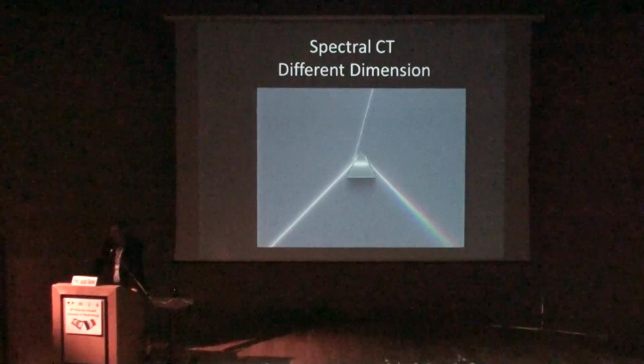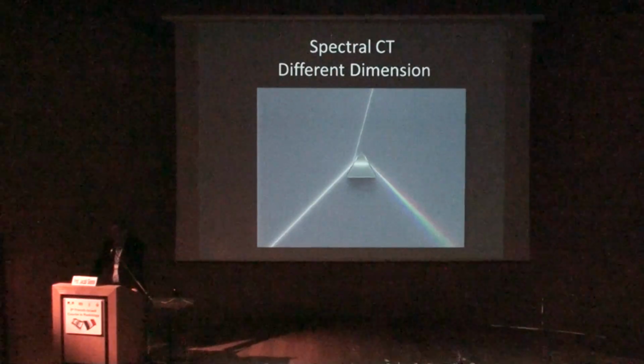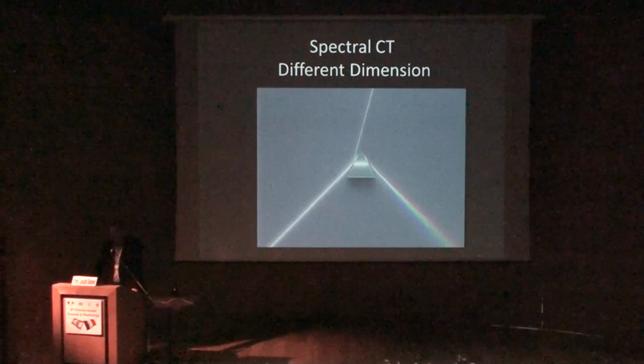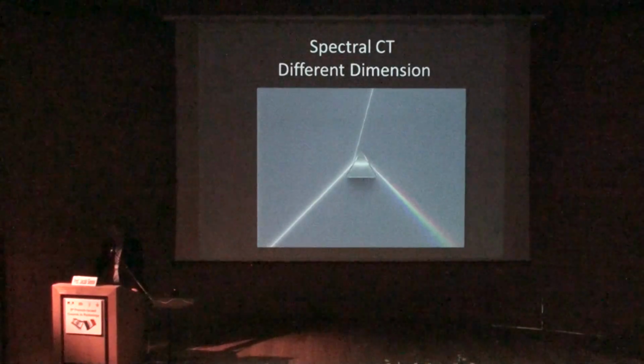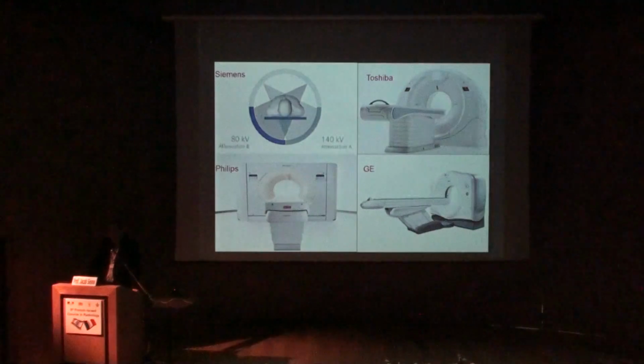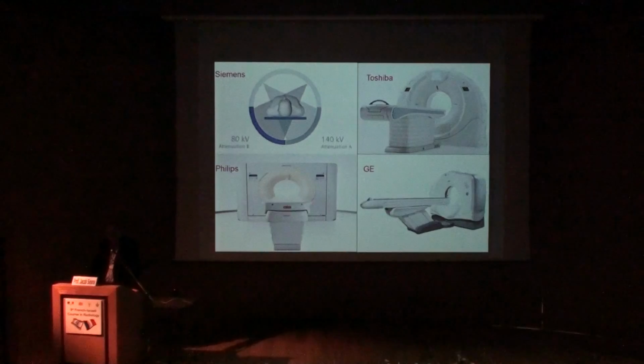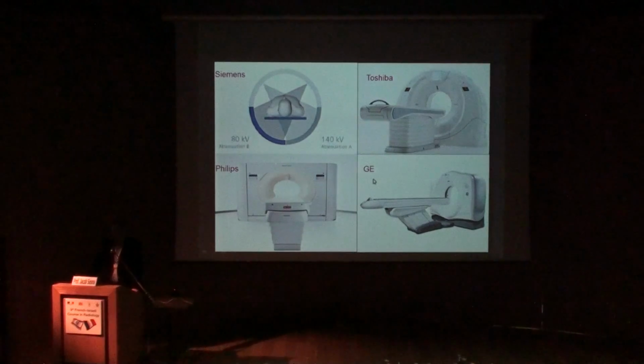So let's speak about spectral CT or dual energy CT, and I believe it's a different dimension in modern CT. There are different approaches in dual energy CT. Siemens introduced a few years ago two tubes rotating around the patient at different energies.